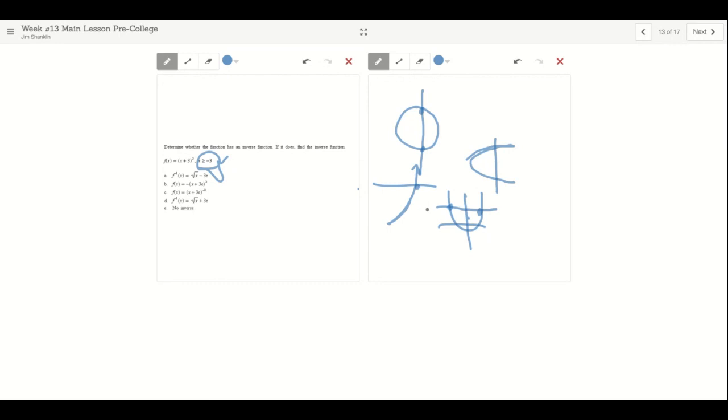So yes, this does have an inverse function, because the horizontal line test only touches the original function one time. If they did not restrict the domain, the answer would have been no. But they restricted the domain, so we're only looking at part of the graph. I apologize, I did not look at that domain in the beginning.